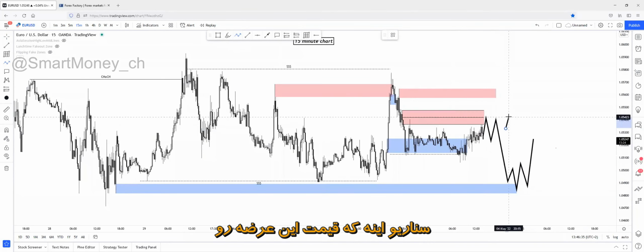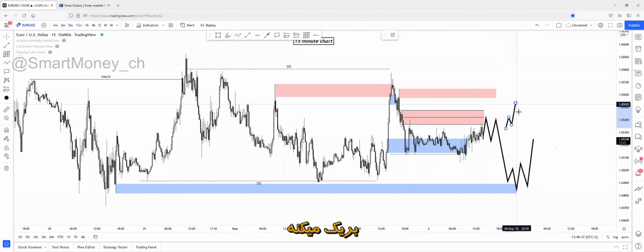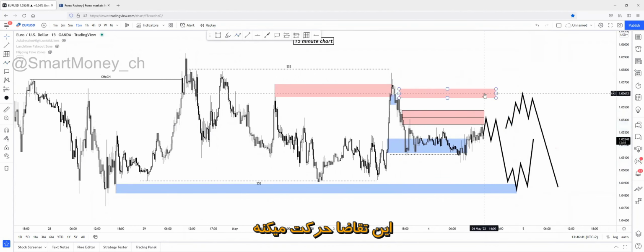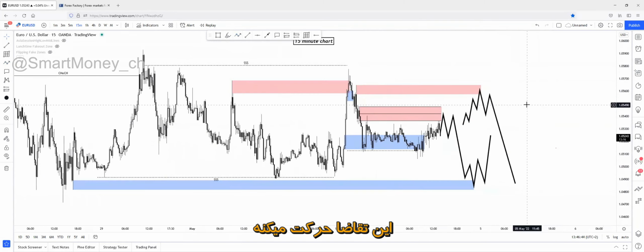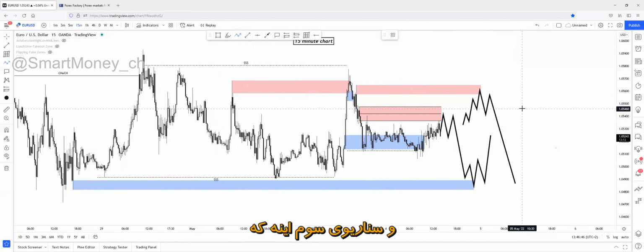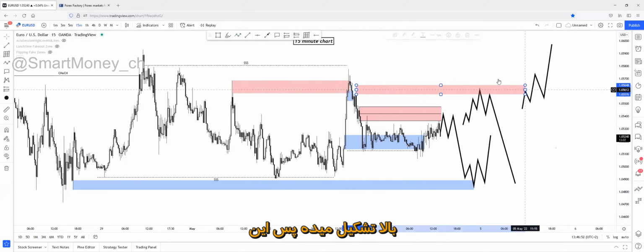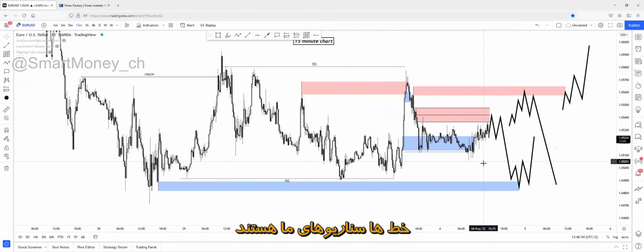Second scenario, when price breaks over this supply zone, sweeps more liquidity and creates a downside movement to this demand zone. And the third scenario, price breaks over this supply zone and creates a long continuation to the upside. So these are the lining up scenarios.